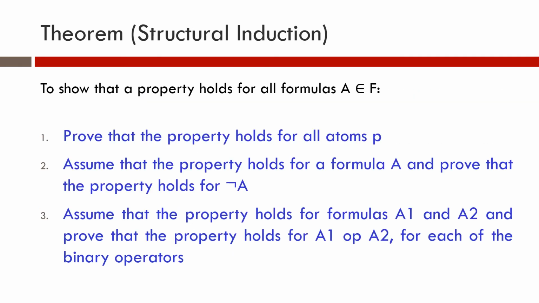Okay, in structural induction we have three theorems. To show that a property holds for all formulas A, an element of F, we need to prove that the property holds for all atoms P. That is the first theorem.